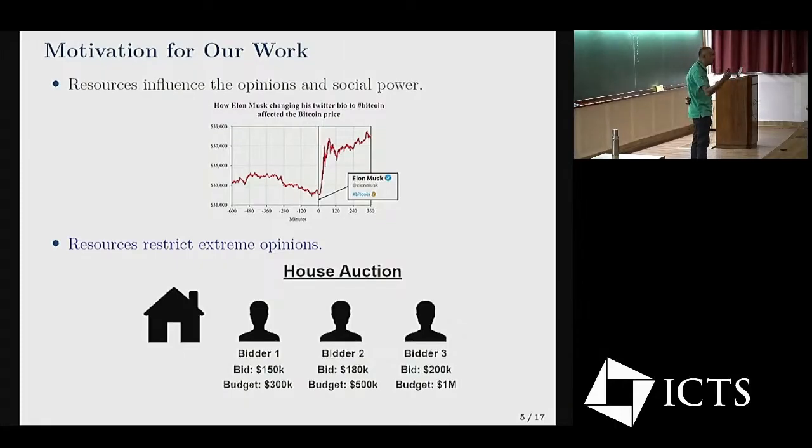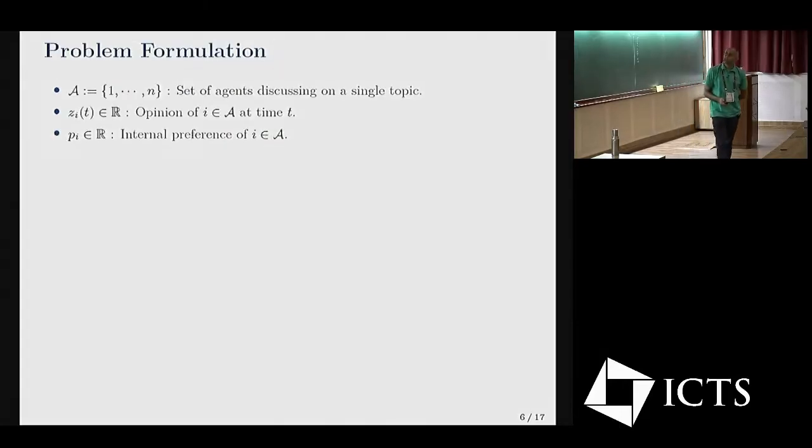The specific work that I'm going to present today fits more in line with this example rather than that one. We'll try to model the resource limitations, start off from a game theoretic interpretation of it, and then derive certain opinion dynamics out of it. So let's dive into some details.